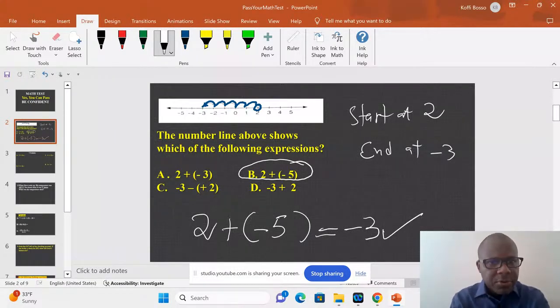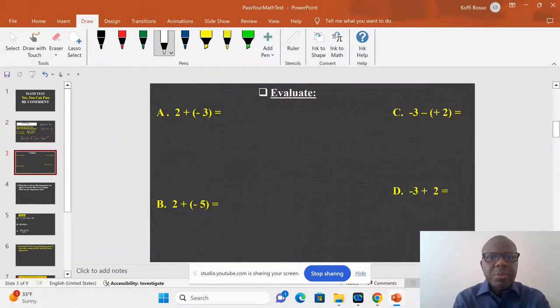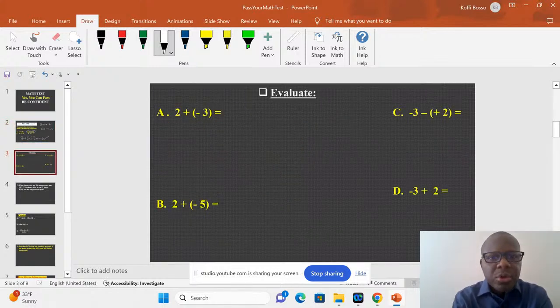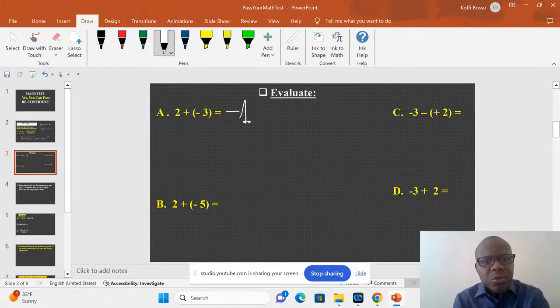Now, if we continue, this problem here, they say evaluate. Now I want to use each choice to solve it as another question. That means if I have 2 plus -3, the answer will be what? The answer will be -1. So you could use a number line to solve it.